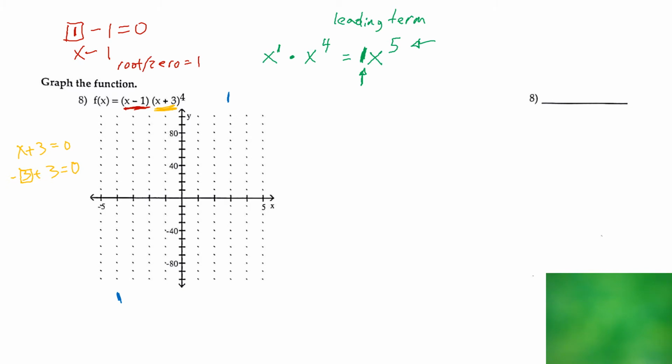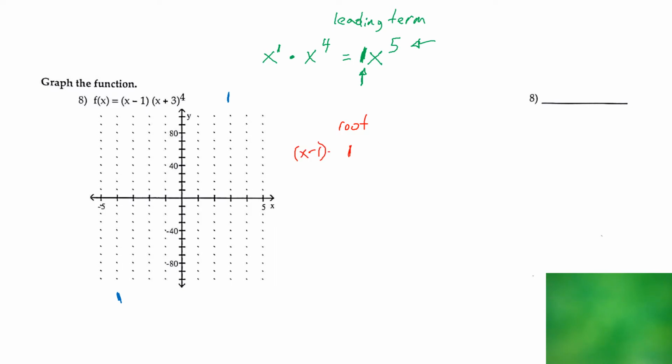So let's summarize that information. We know so far that we have one root that is going to be a positive 1, and that's coming from the x minus 1. Another root is going to be negative 3, and that's coming from the x plus 3.